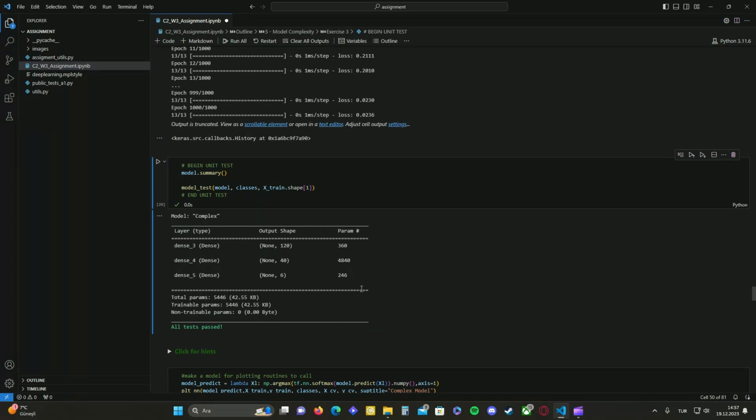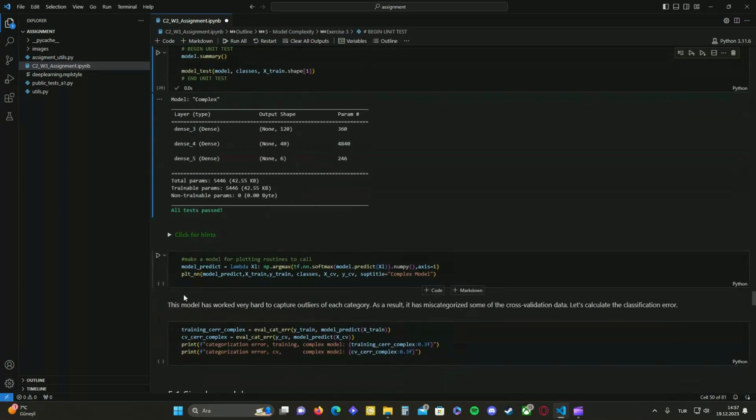A little complex. All tests passed. This model has worked very hard to capture outliers of each category. As a result, it has miscategorized some of the cross-validation data.